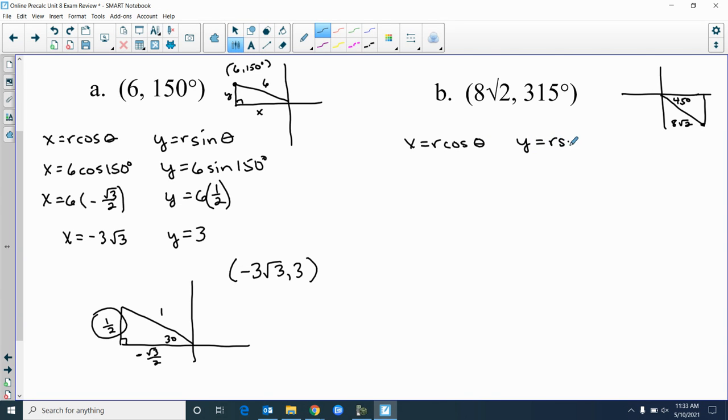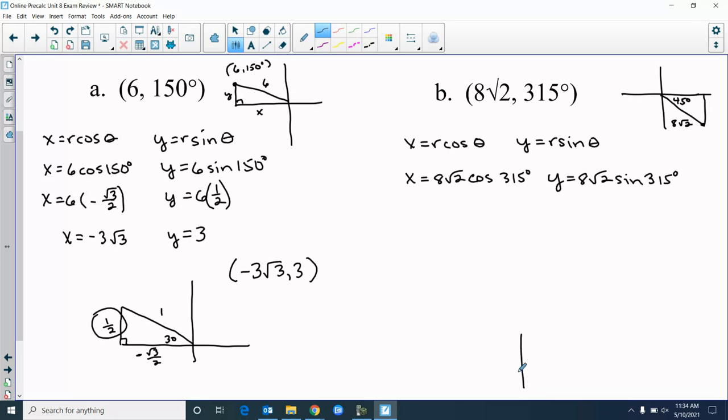Y equals r sine theta. So x equals 8 square root of 2 cosine of 315. Y equals 8 square root of 2 sine of 315.